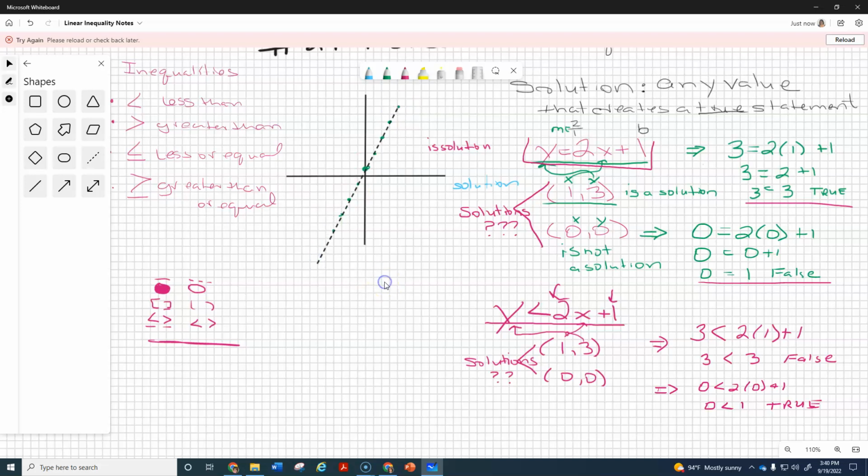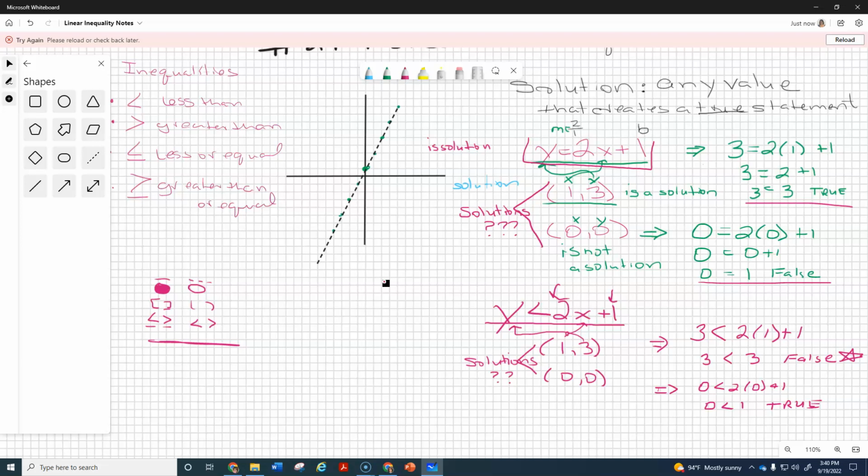Now, the dotted line is going to help me out because it's dotted. What that means is that all of the points that are on the line are actually not going to be solutions. So that's what happened over here when we plugged in that point (1, 3). It is a point on the line, but the line itself does not contain solutions, that means it acts as a boundary line.